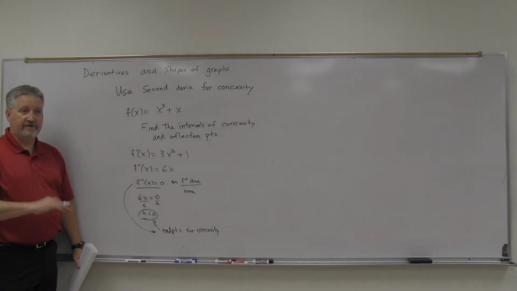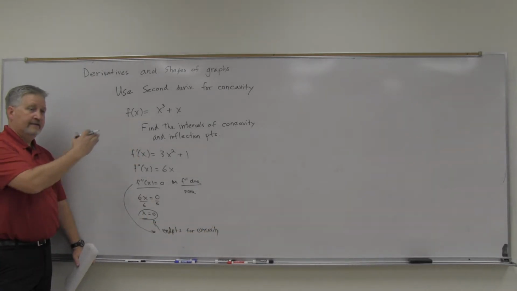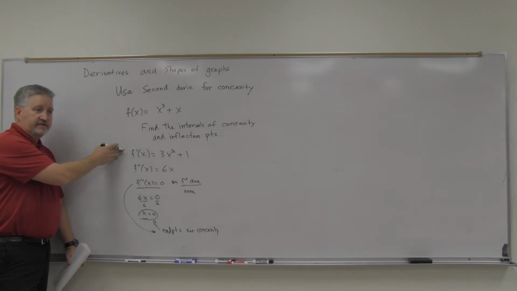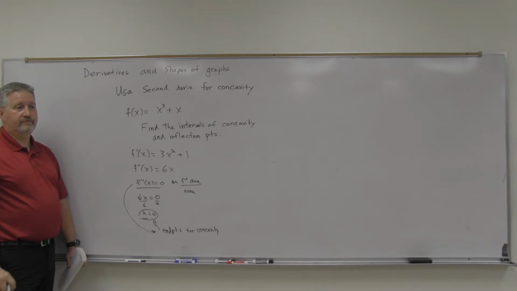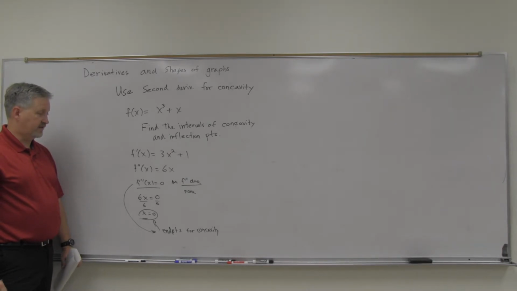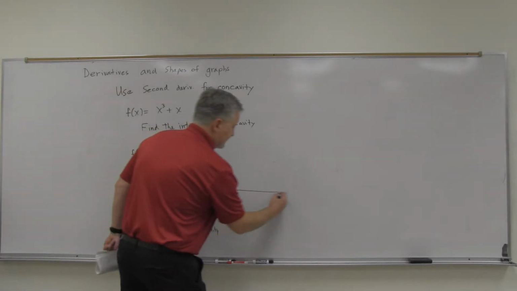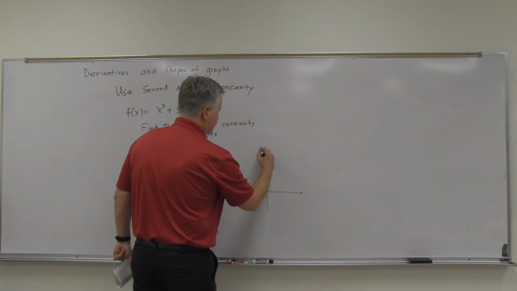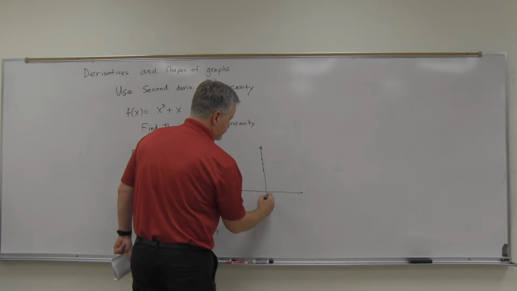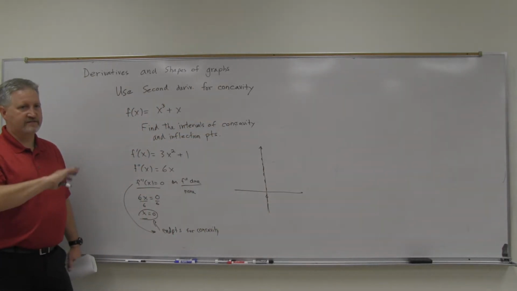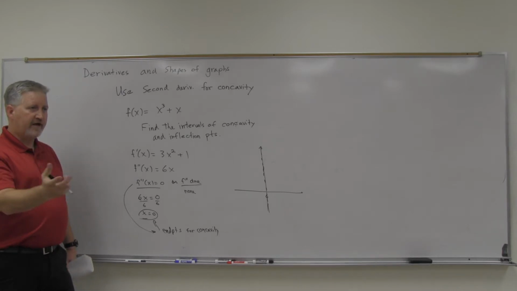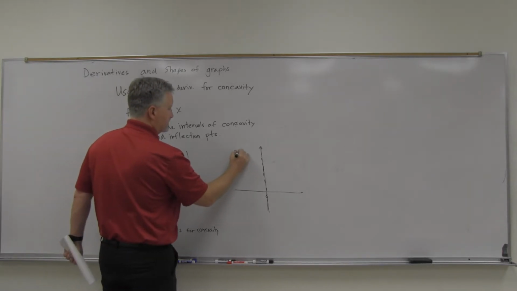We're just going to break up at concave up, concave down, just like the critical numbers of the first derivative give me the endpoints of increasing and decreasing. The critical numbers of the second derivative give me the endpoints for the concavity. So again, just think about the chart here. In this case, it's at 0, so 0 breaks it up. I've got two sides of 0. Look at either side, the second derivative.